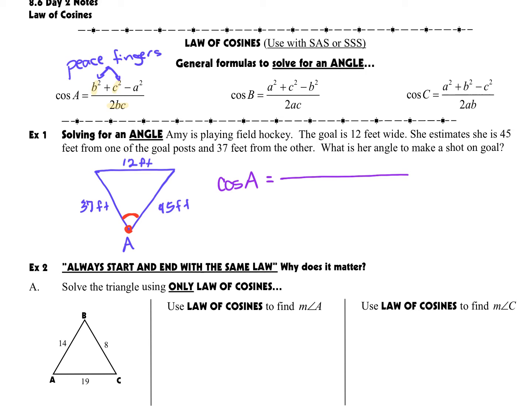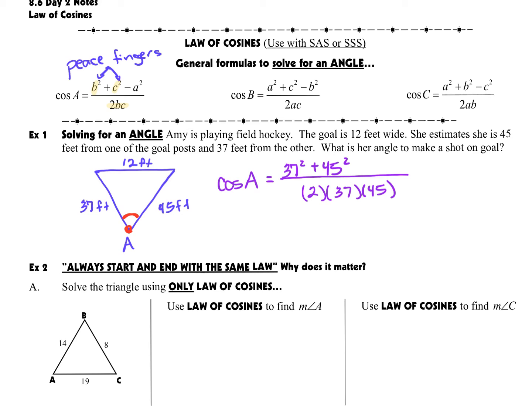And in the numerator of our fraction, we are going to take where our piece fingers are, because they're on each side of this angle that we want. Your piece fingers go on each side of the angle that you want, and you're going to take those piece finger numbers and you're going to square them and add them together. So 37 squared plus 45 squared. Doesn't matter which order you write them. In the denominator, you're going to take those same 2 piece finger numbers and you're going to multiply them together by 2.